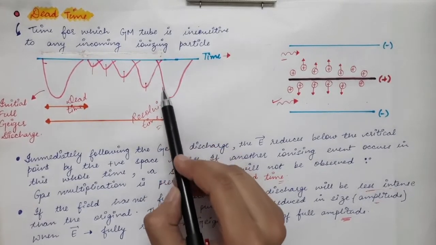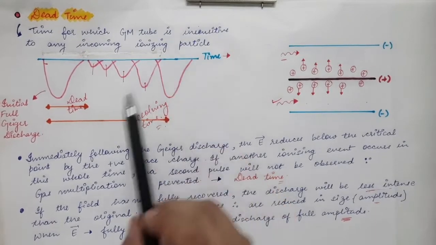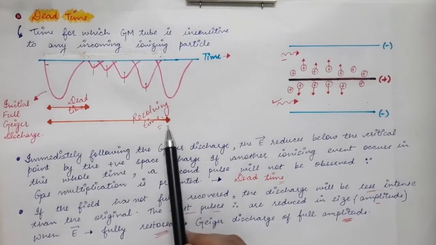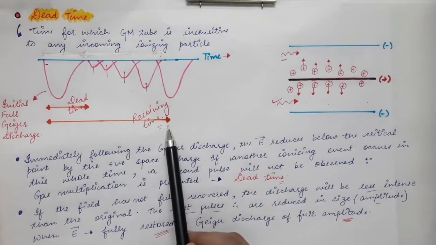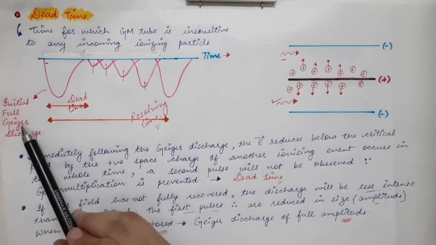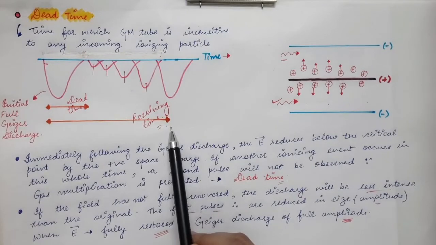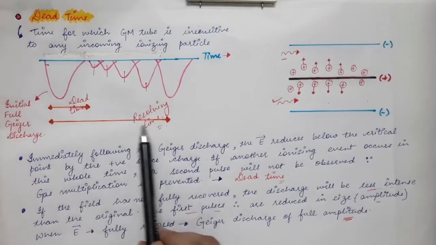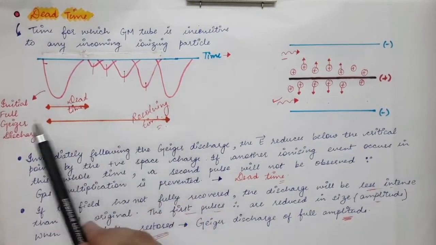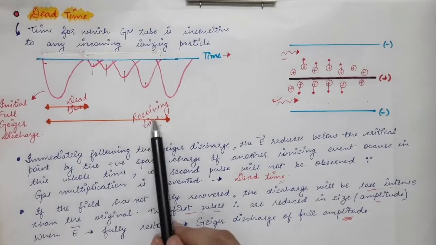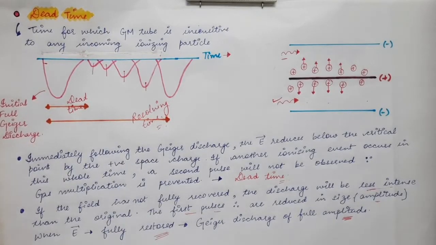This is the initial full Geiger discharge, and this is the next full Geiger discharge. The time between the two full Geiger discharges is called resolving time.